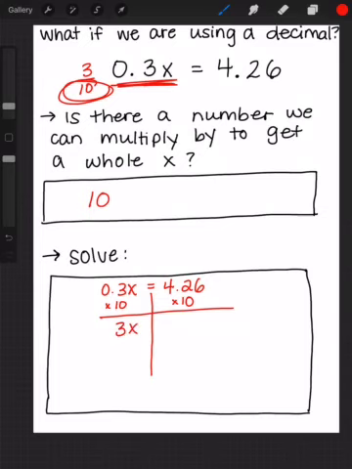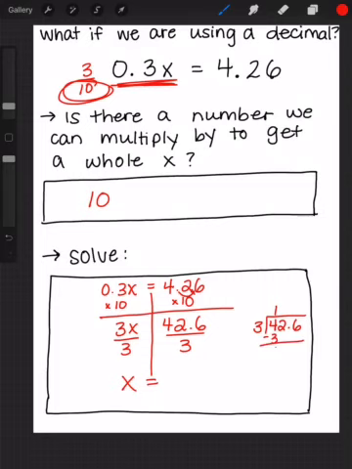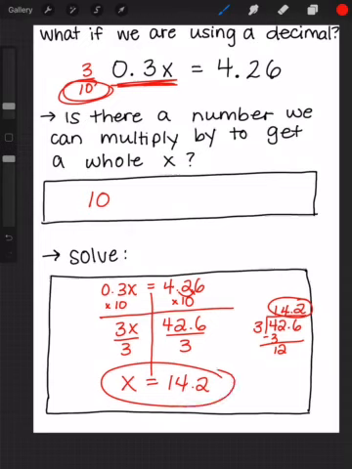I now have 3x, and I multiply this side by 10. That moves that decimal place over once, so I have 42.6. Now I divide by 3, and I get x equals, I do 42.6 divided by 3. 3 goes in once, goes in 4 times, goes in twice. 14.2.